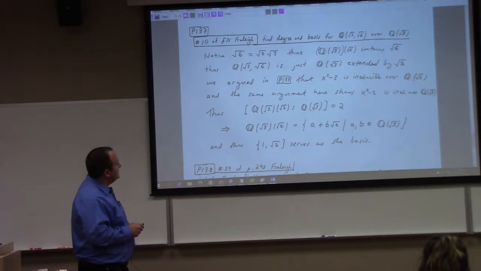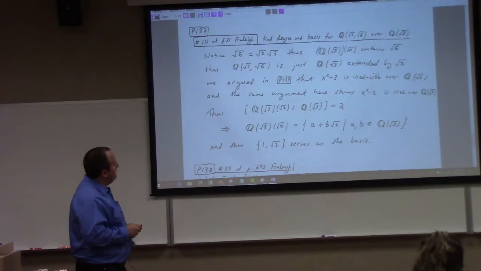So consequently Q adjoining root 2, root 6 is just Q adjoining root 3 extended by root 2. And we argued that x squared minus 3 is irreducible over Q adjoining root 2.